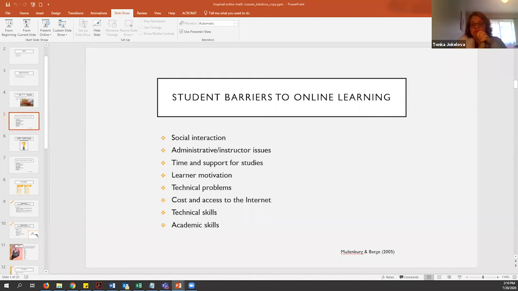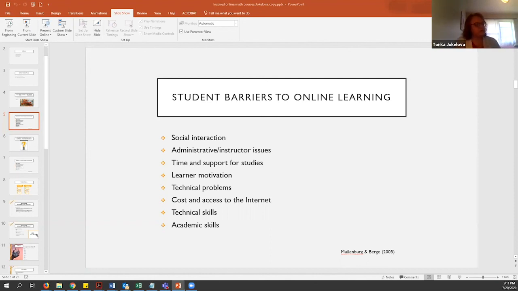I thought it was quite interesting because you would think that probably the internet being slow or not having good time management skills would be number one, but no, really, social interaction was found to be the number one barrier to students completing online courses.